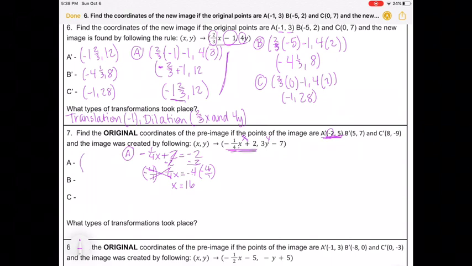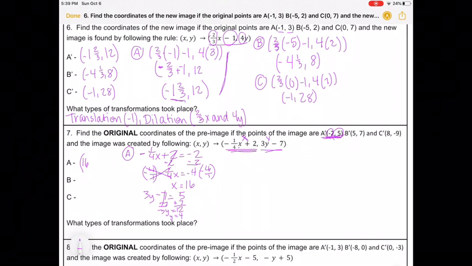For X, I would write that in now so you don't forget it. So 16 there. All right, now I find the Y. I'm going to set up the same style, but with this side. 3Y minus 7 equals, well, they got 5 for Y. So add 7, 3Y equals 12, Y equals 4 if I divide.